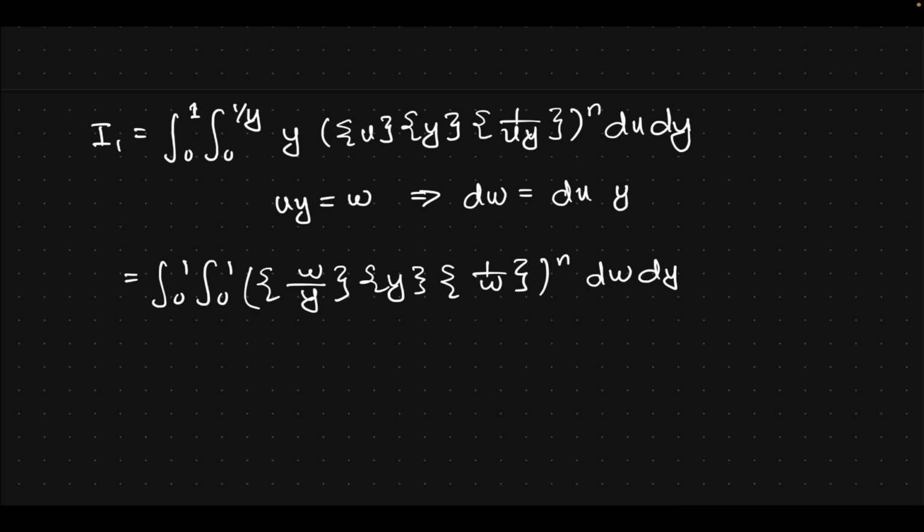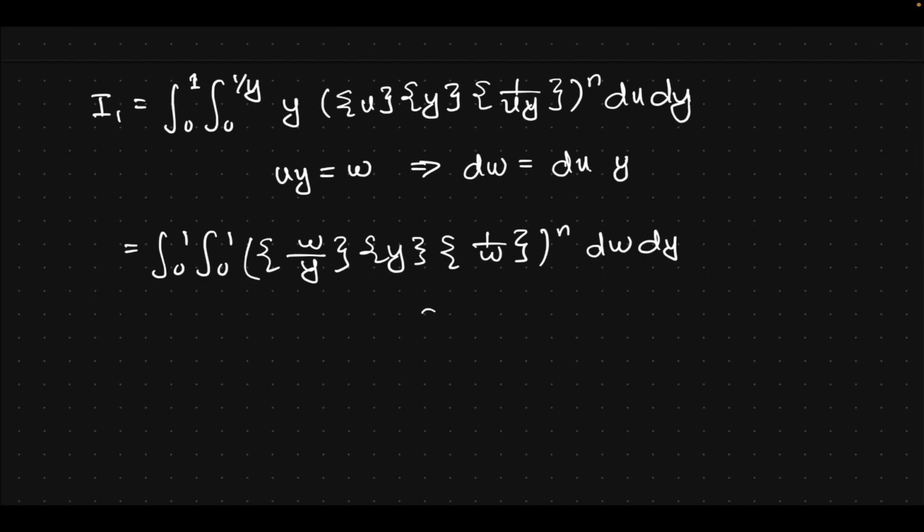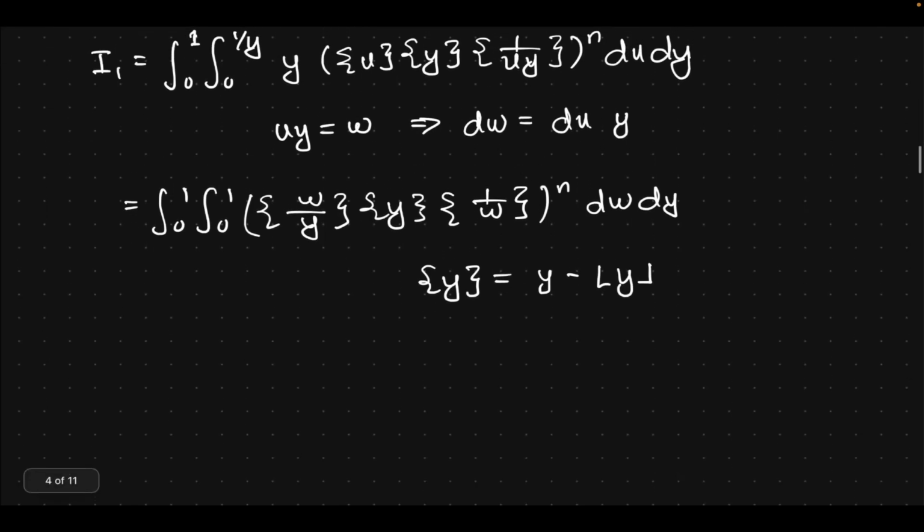dw dy. Now I want you to notice that the fractional part of y is y minus the floor of y. Now y is only between 0 and 1 because of this integration domain, so the floor of y in that range will always be 0.